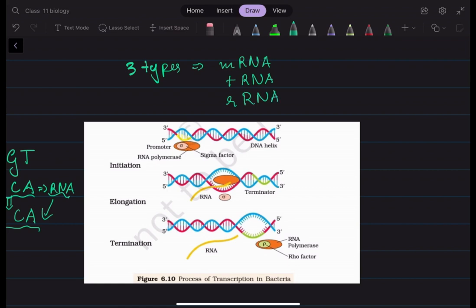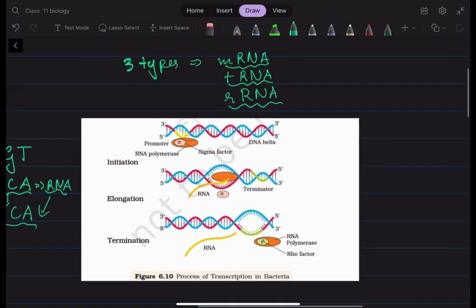So this is basically the transfer RNA, this is the messenger RNA, and this is the ribosomal RNA. Now, the kind of RNA that we are going to form with the help of transcription are all these three. But the type of RNA that helps us in translation is mRNA.